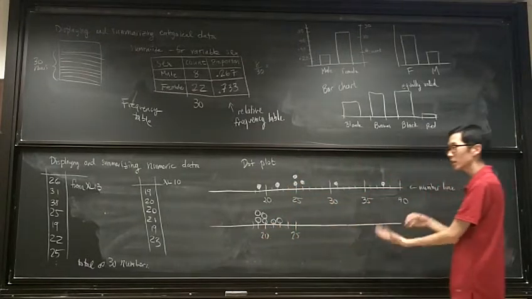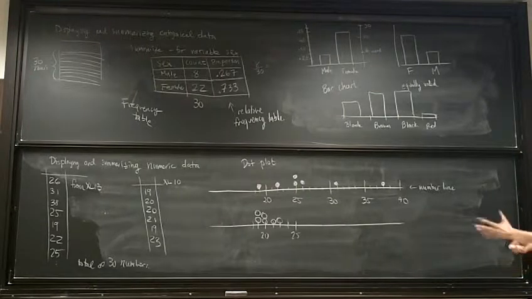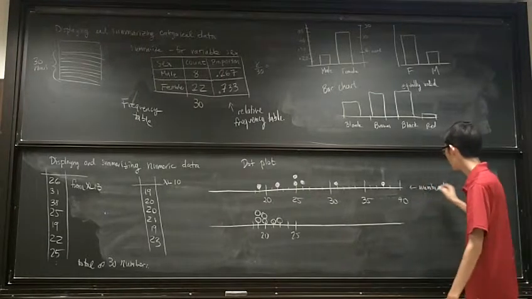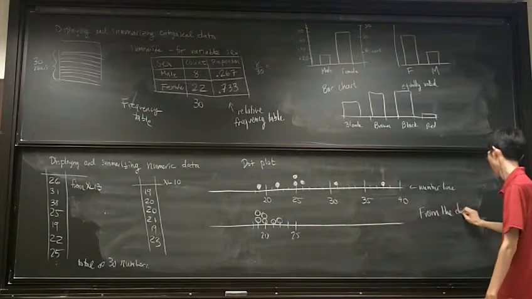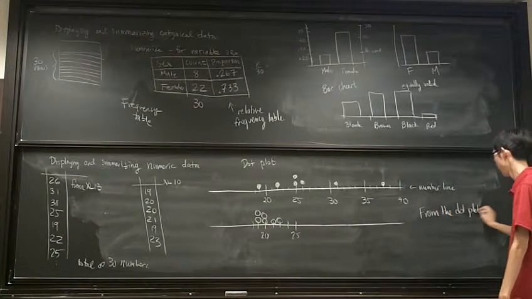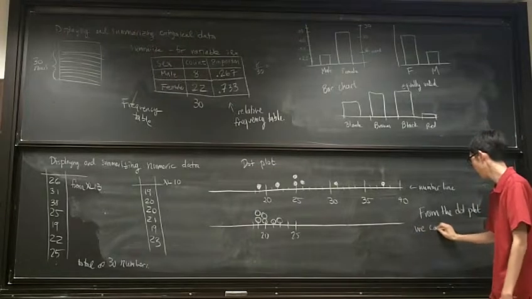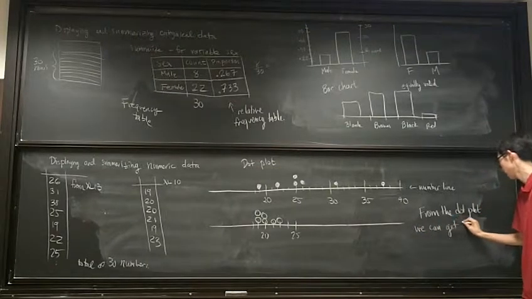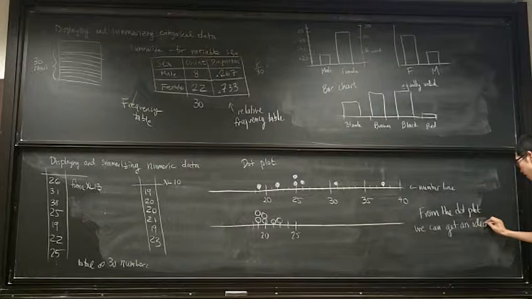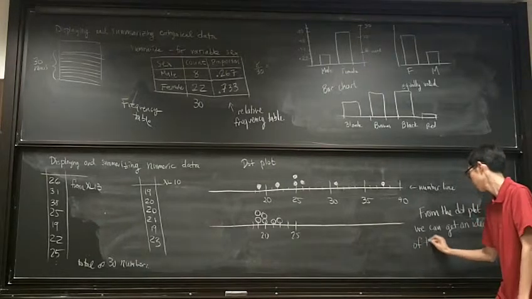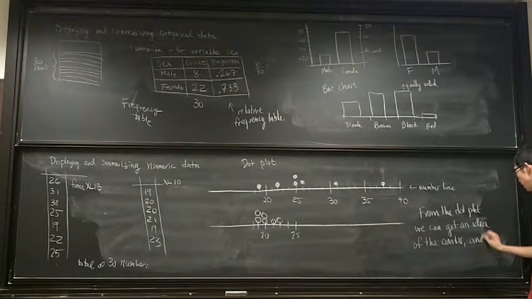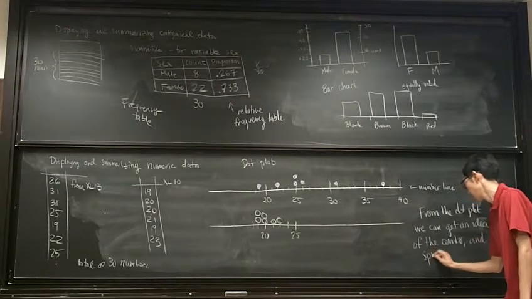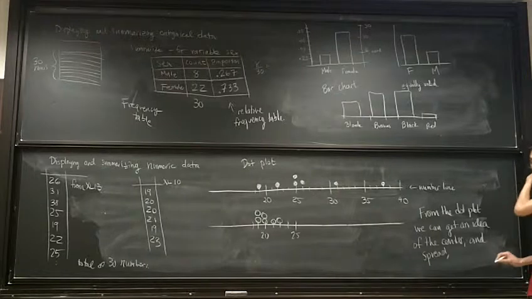So we can get an idea, from the dot plot, of the center and the spread, and even maybe the shape.